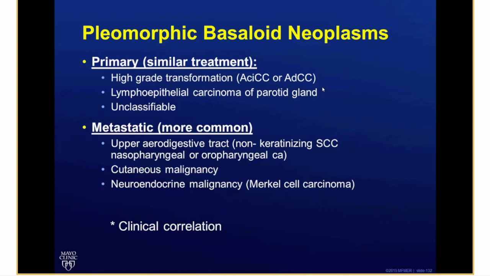With that look, you might be tricked into thinking you have a metastatic non-keratinizing squamous cancer or nasopharyngeal carcinoma. Oropharyngeal carcinoma, non-keratinizing HPV related, can have that same morphology. You can have a metastatic cutaneous malignancy like Merkel cell carcinoma. So it's very important to correlate clinically to choose your immunohistochemical staining panel very wisely.